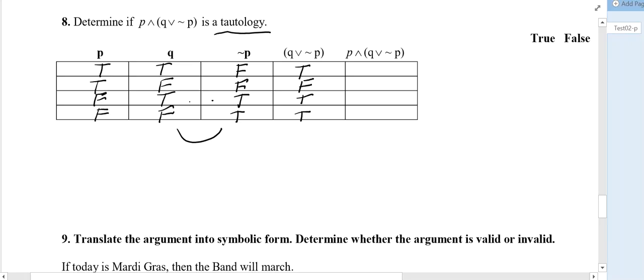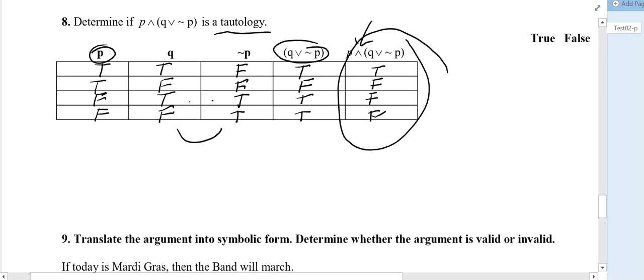Now I'm going to AND this column with the P column, right? And it's true when they're both true. Nope. Nope. And no. So is it a tautology? No, it's not, because this column here would have to be all T's. Well, there's only one of them with T, so it seriously is not a tautology.